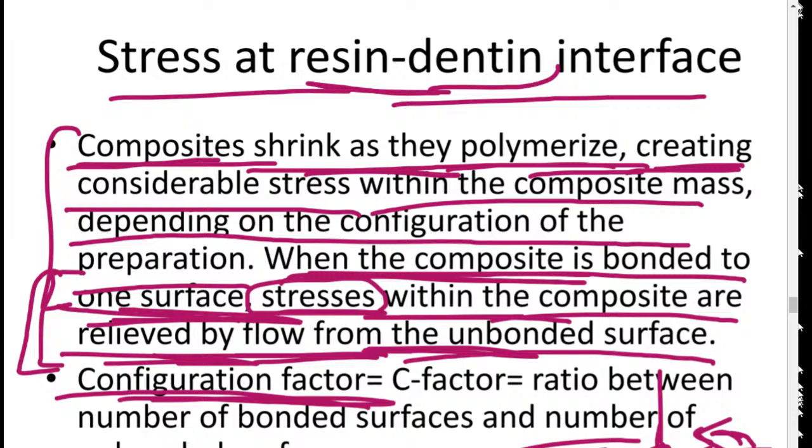This one has 5 bonded walls, and only 1 occlusal unbonded wall, making it easier for the shrinkage to damage the bonding material.